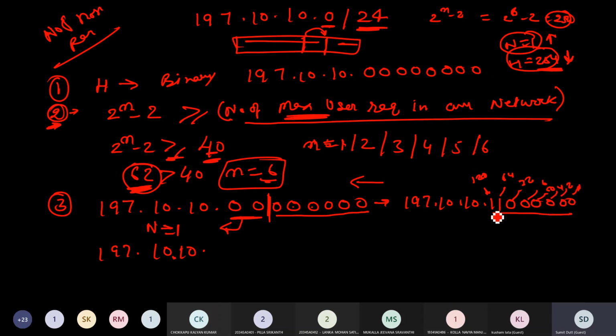If these two positions are 1, I just need to add these two values, the rest will be 0, so it will give me 192. So this is my new IP address now.